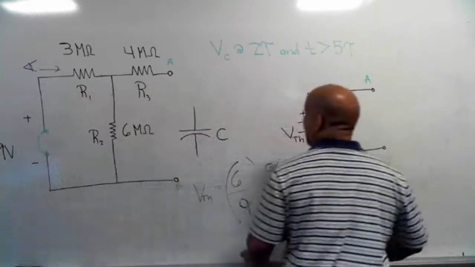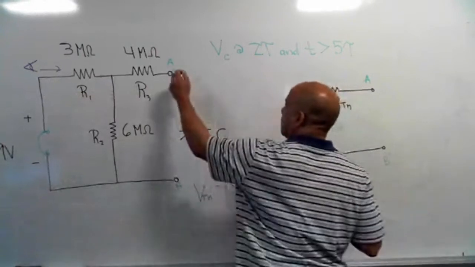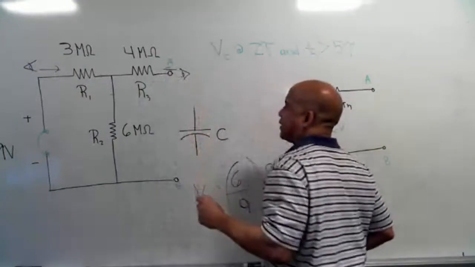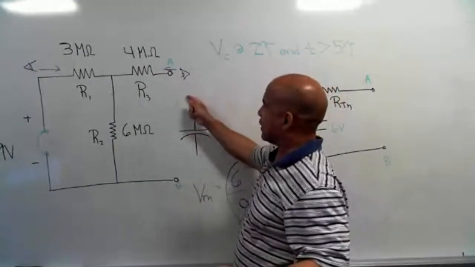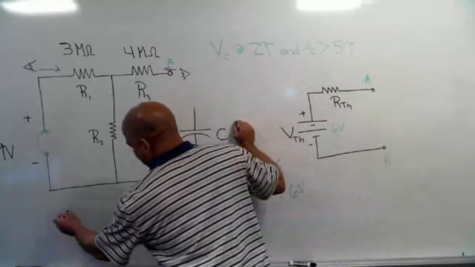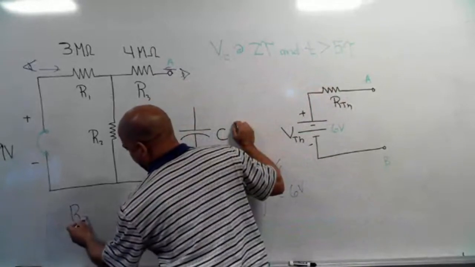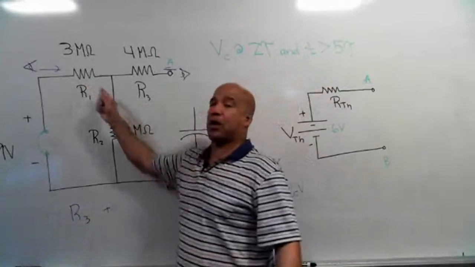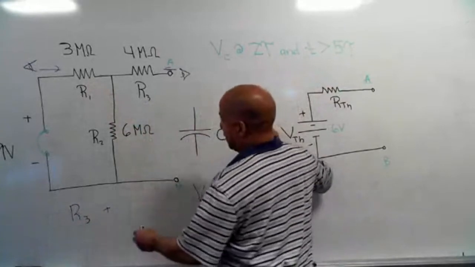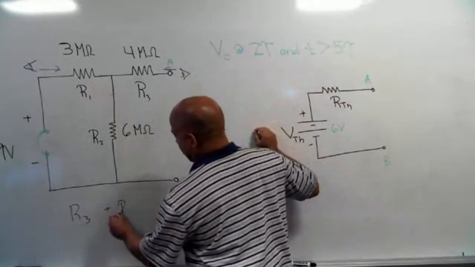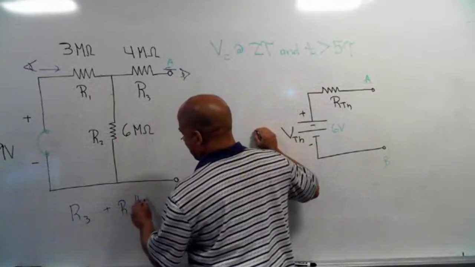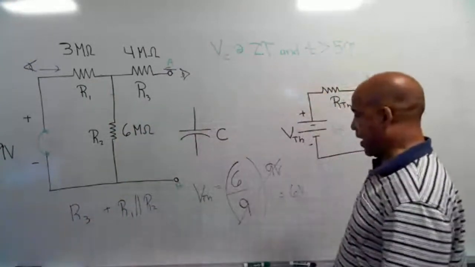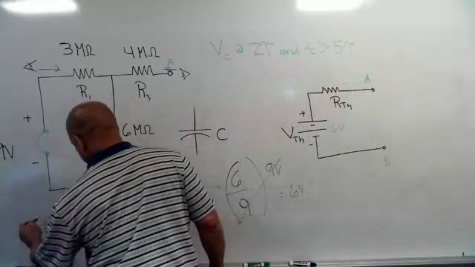Looking back in this way, to see what resistance the capacitor sees, it's going to see R3 plus these two in parallel: R3 plus the parallel combination of R1 and R2. So that value right there will give me RTH.